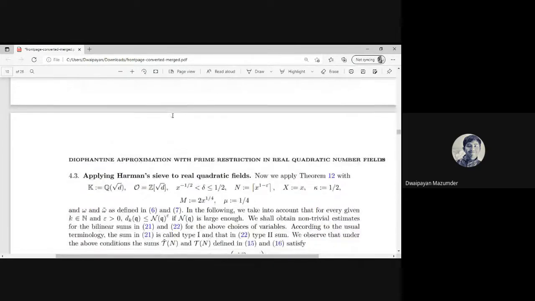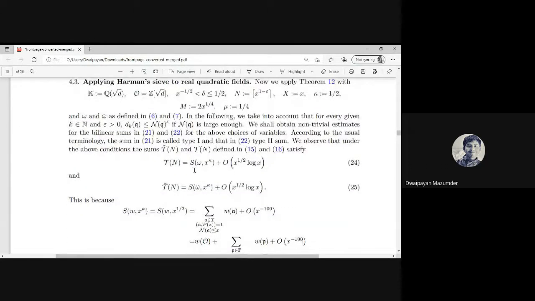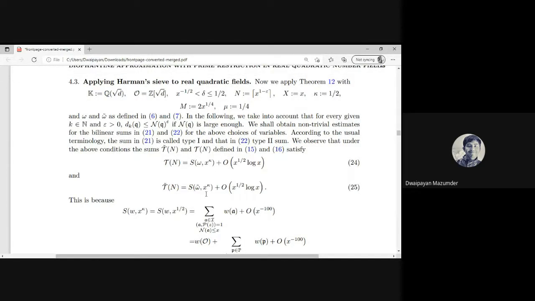You want to connect this with h omega x kappa and h omega tilde x kappa, and that is very easy. If you do a little bit, you can see that considering this delta is in this range, and m is the ceiling function of x to the power 1 minus epsilon, m is at most twice x to the power 1/4, and also you can choose that d_k of q is less than or equal to mod q to the power epsilon if mod q is large enough.